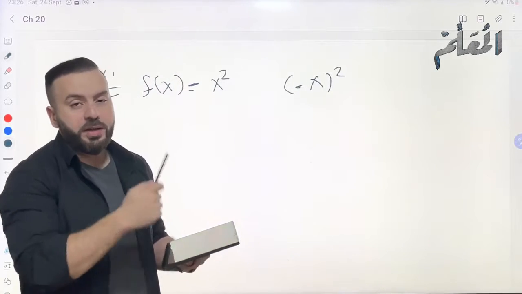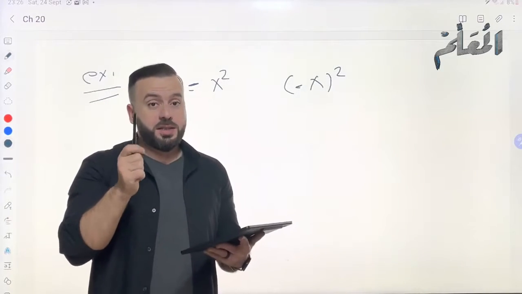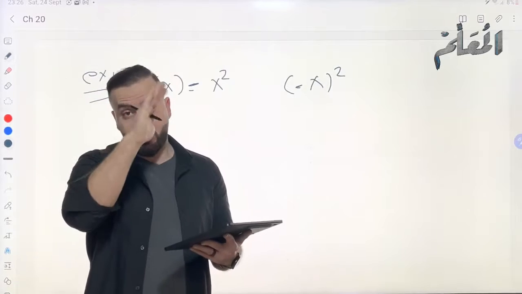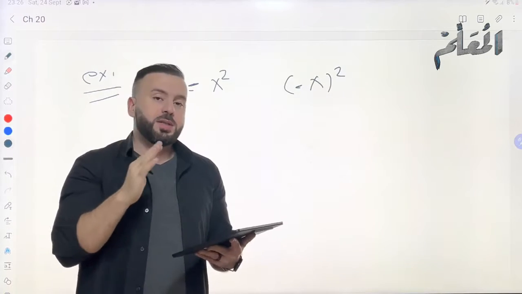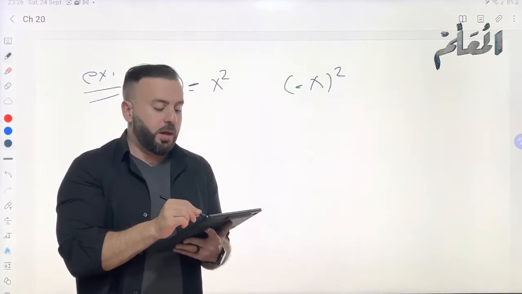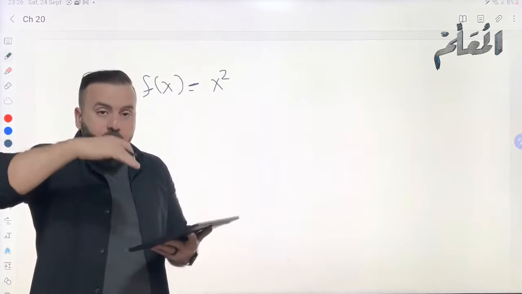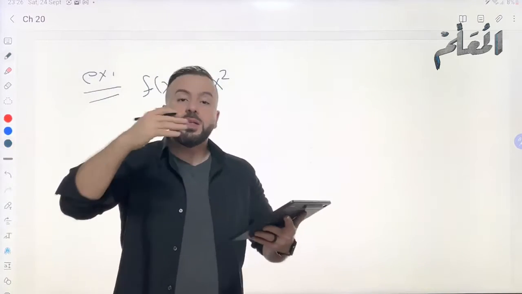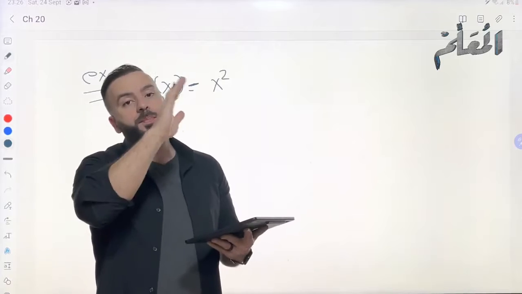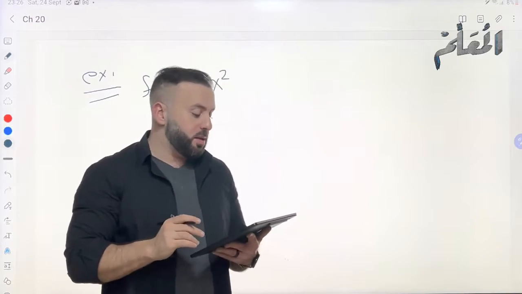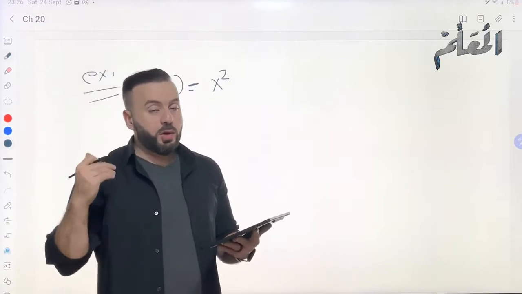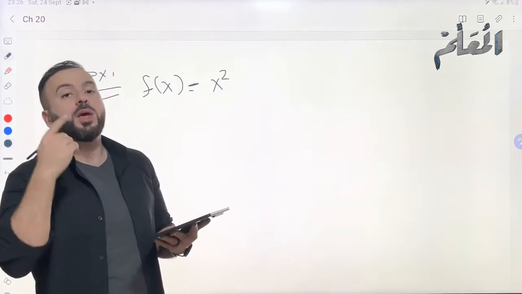This is not going to affect the quadratic function, because it is an even function and it's symmetric about the y-axis. So in this case, it will not have any effect on the parabola, but generally, if you find the negative inside with x, you say that it's a reflection across the y-axis. So this is regarding reflection. We talked about translation, and this is reflection.